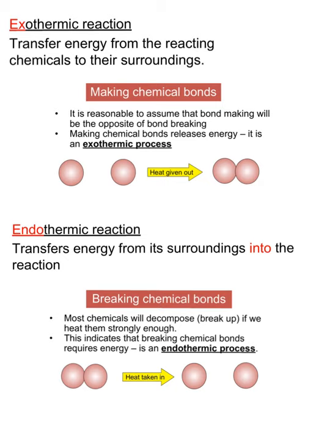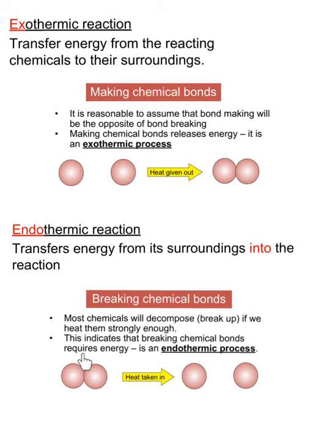So if you thought of, let's just say, two magnets together, with opposite poles and a magnetic attraction between them, to break those two magnets apart, you'd have to apply some force, wouldn't you? You'd have to pull the magnets apart, and you'd break the magnetic bond or force between them. You would use energy to break those two magnets apart, and atoms and particles are exactly the same.